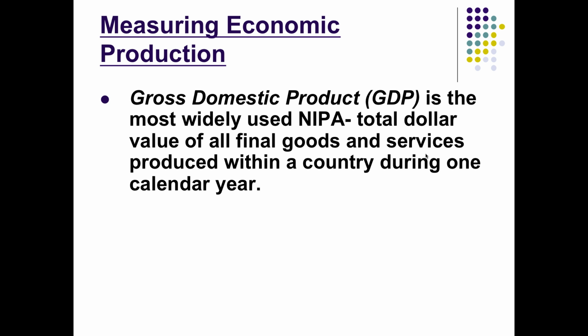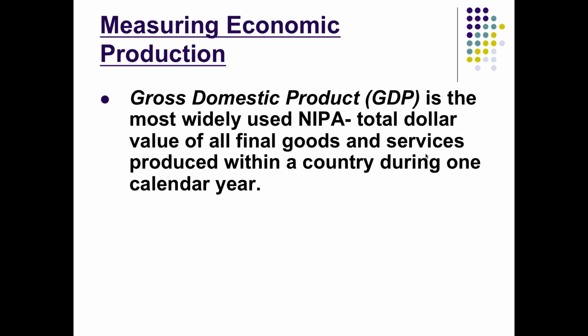So we're not going to count intermediate goods, the parts of things. We're only going to count that final product. Okay, so it's the total dollar value of all final goods and services produced.